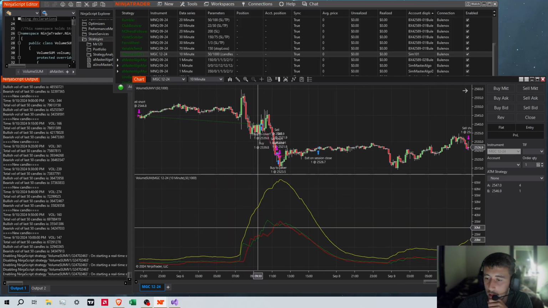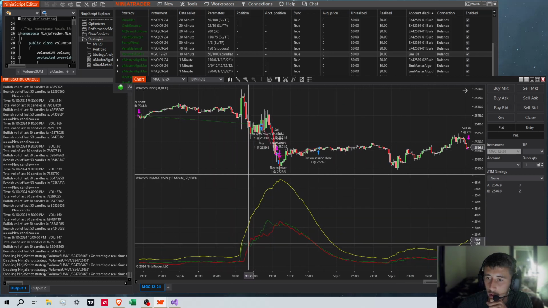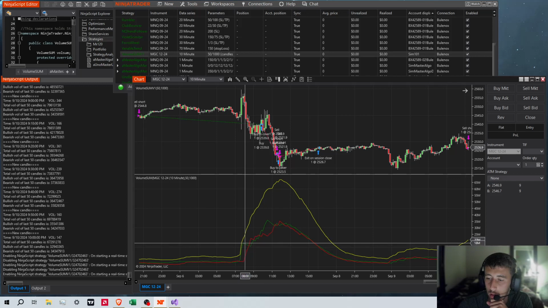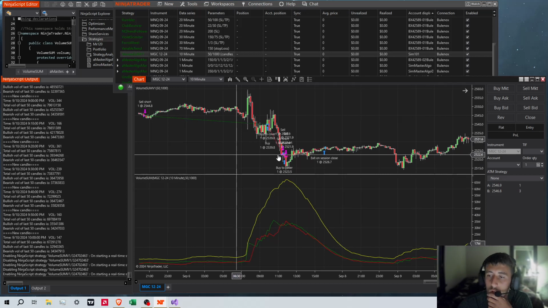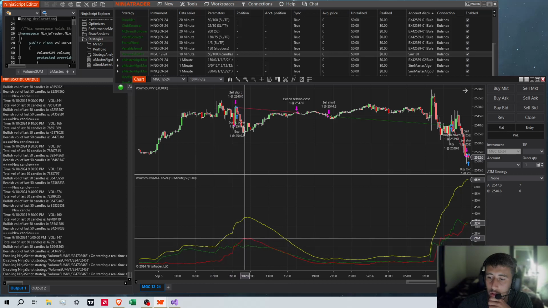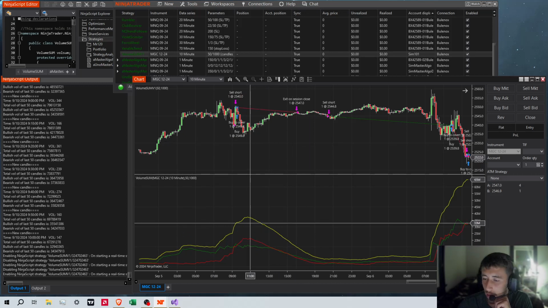We could even do just like if the volume is greater than the other and is rising. Yeah, I think the exit will definitely be good.